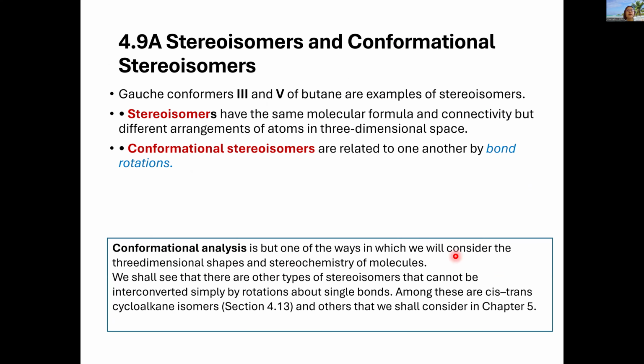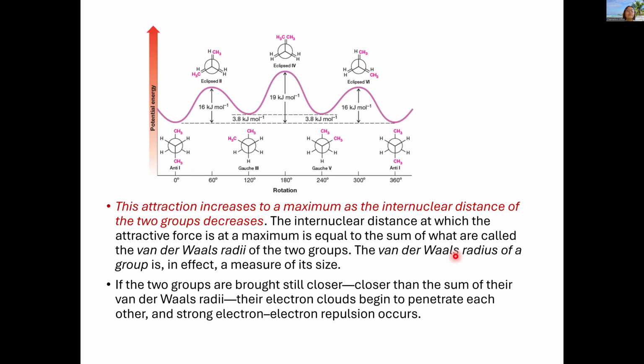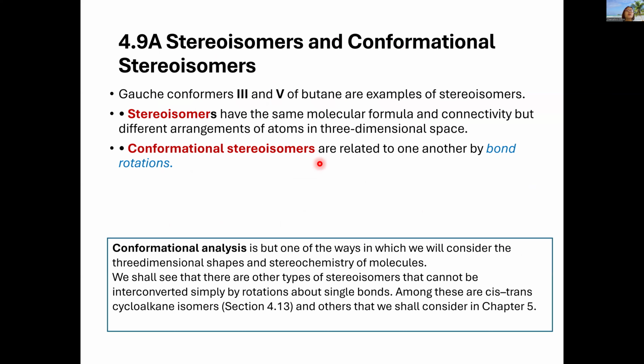So another is that the gauche conformers 3 and 5, which is 3 and 5 here. How do we call the two? Is it the same or is it different? Okay, we call 3 and 5 as stereoisomers. They are examples of stereoisomers.